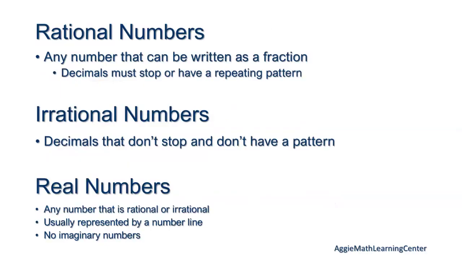If you can write a number as a ratio, as a fraction, it's a rational number. The number pi, for example, goes on for infinity. It can't be written as a fraction. It's an irrational number. Irrational numbers, like I said, with pi, are decimals that not only don't stop, but don't have a pattern.